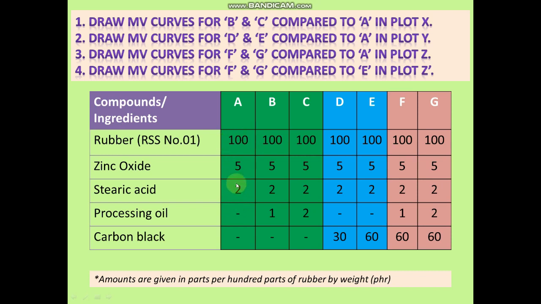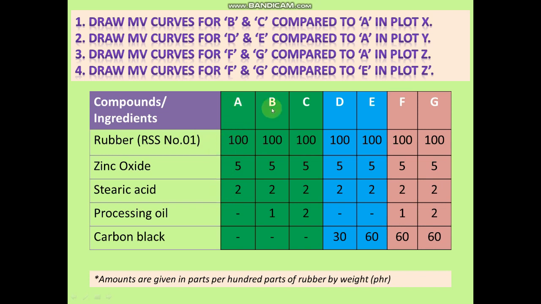Here 100, 5, 2, you can see different amounts are there. So these amounts are measured in parts per 100 parts of rubber by weight, that is called PHR. So we use this PHR as the unit of measuring the amounts of materials in rubber formulations.